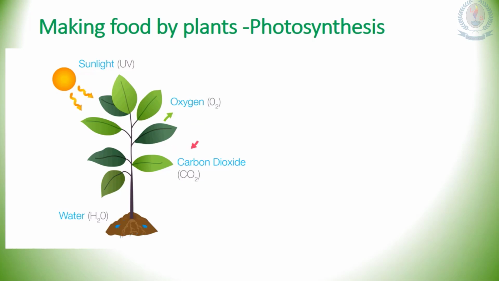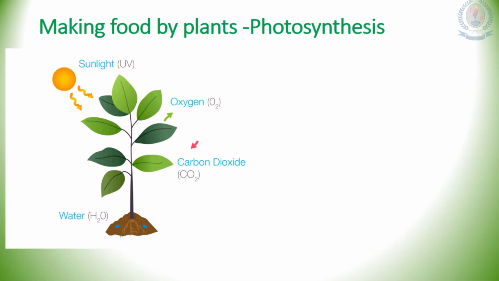You can see that sunlight is needed for the photosynthesis. In addition to that, water and carbon dioxide. And earlier we discussed that the green pigment in green leaves, chloroplast, chlorophyll, absorb sunlight.